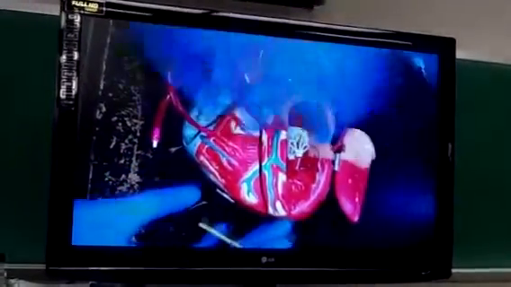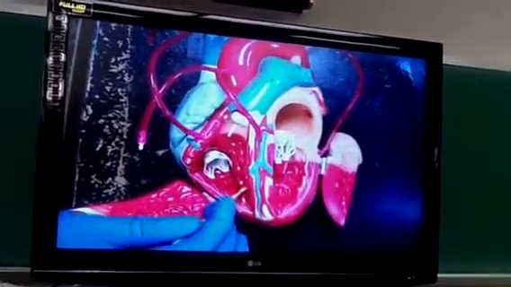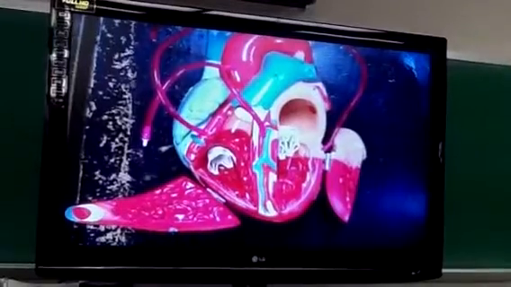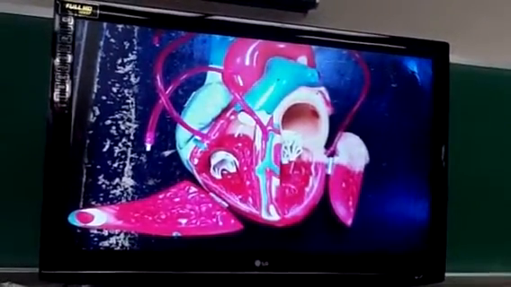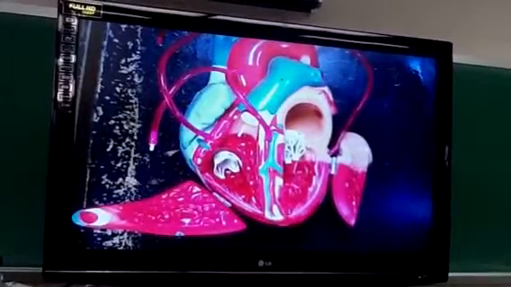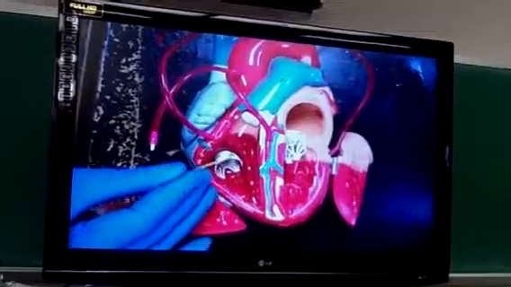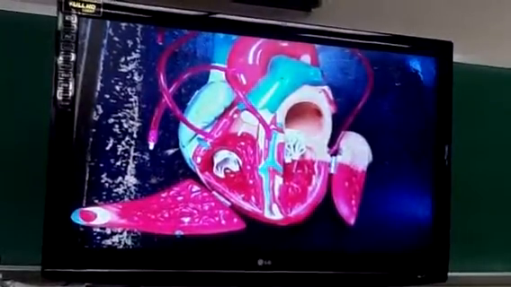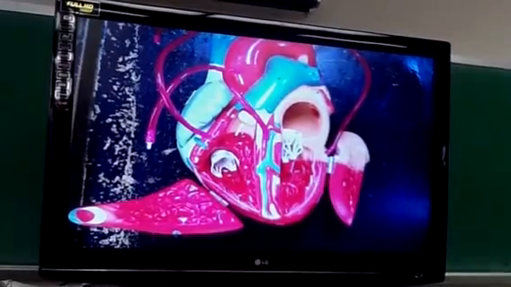If that much is true, Mr. Gilmore, point out to me what these little structures are that go from wall to wall. That's going to be trabeculae carneae. Well, Mr. Gilmore, hold on. What are these little cords that go on each of those valves? Those are going to be chordae tendineae.